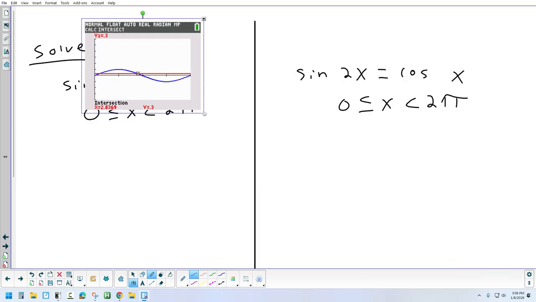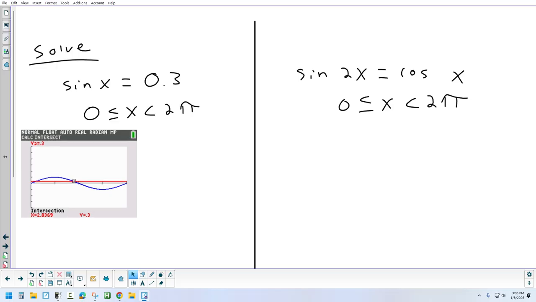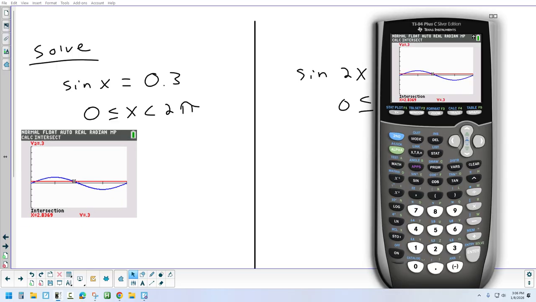Okay, so we get about 2.84. And we got to do it again. Second calc, intersect. This time just move your cursor until you're closer to the one on the left. Just like that.